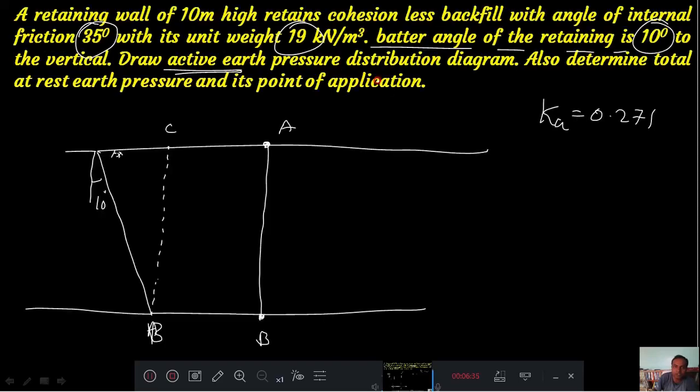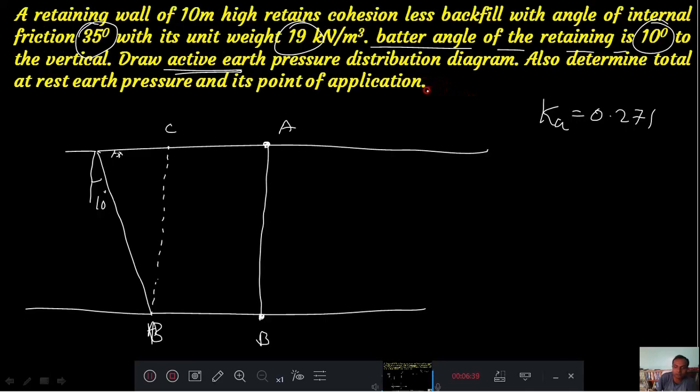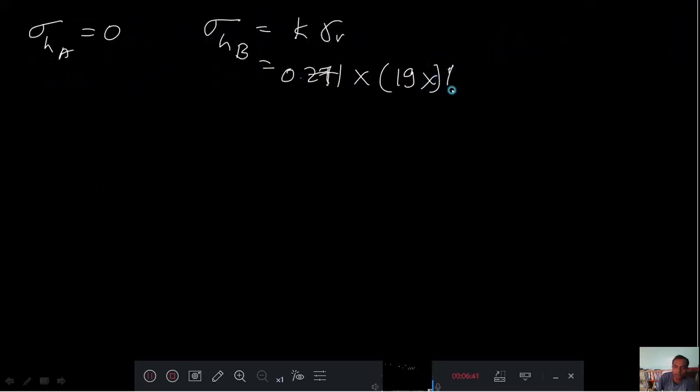Gamma is how much? 19, and h is 10 meter. Then I will get 0.271 into 19 into 10. I got 51.49 kilonewton per meter square.